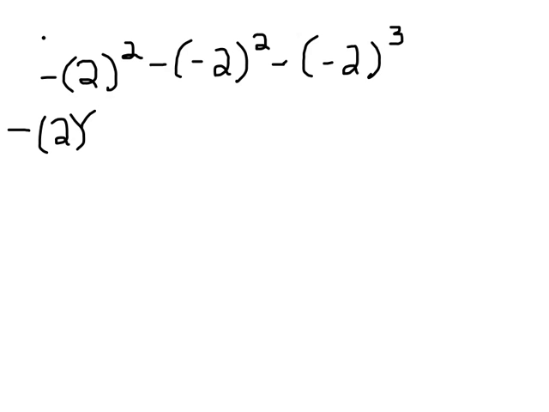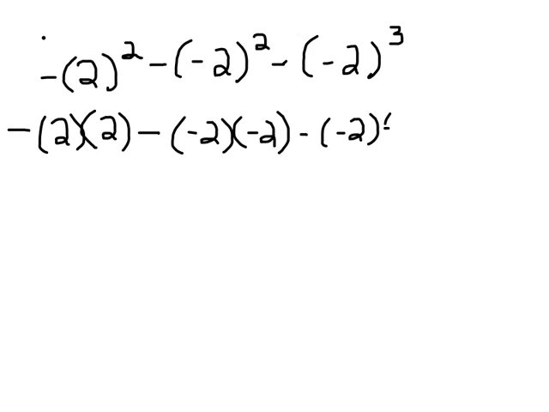This 2 is going to be squared, minus negative 2 times negative 2, minus, and this is negative 2 cubed, and then let's do the math. 2 times 2 is 4. I'm going to bring that down. And then negative 2 times negative 2 is positive 4.